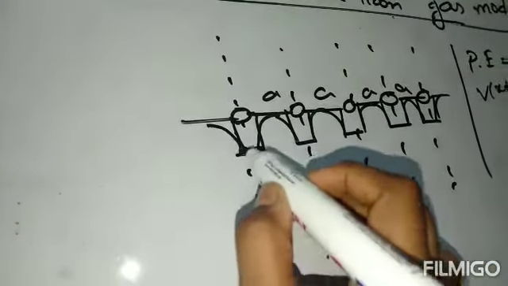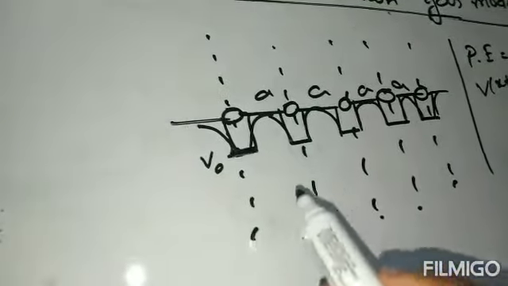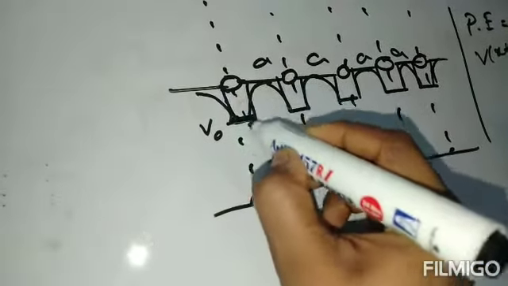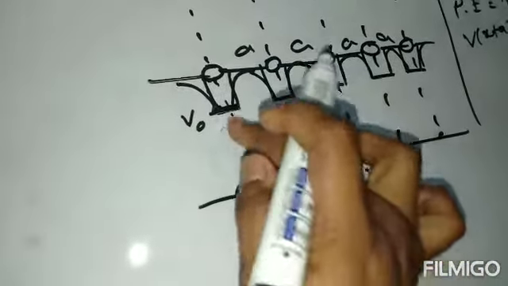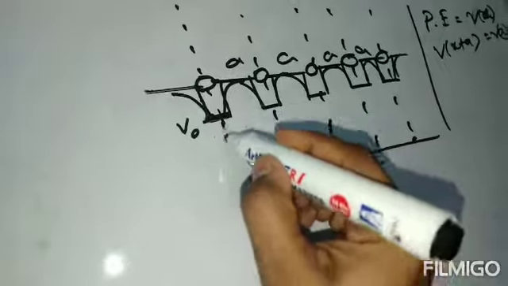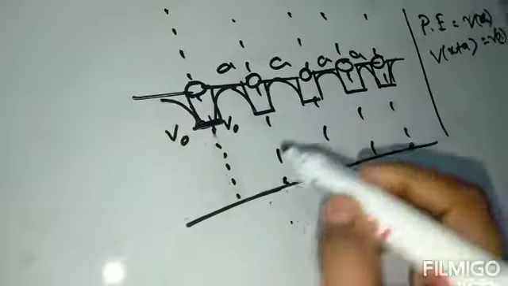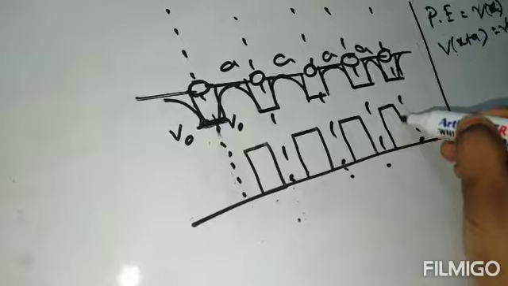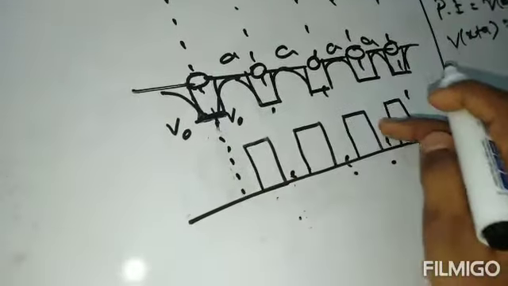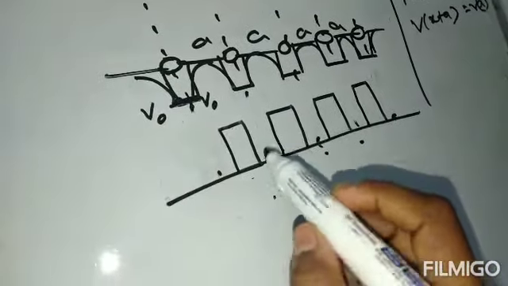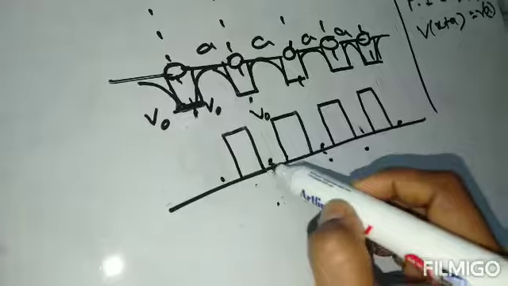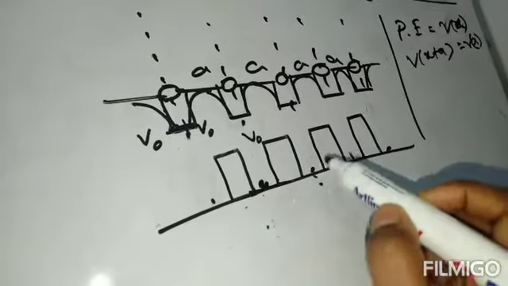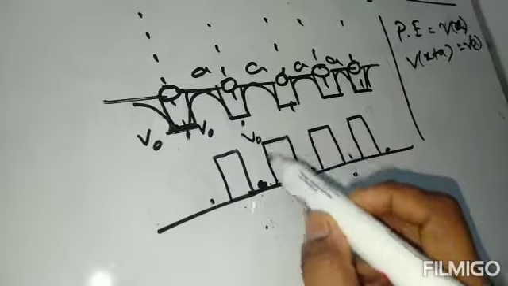So this is V0. Here we assume ions, and this ion potential is 0, this ion potential is 0. In between two ions there is a potential barrier.